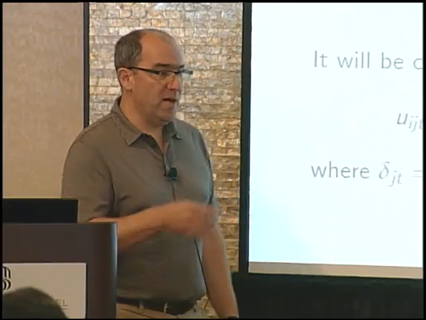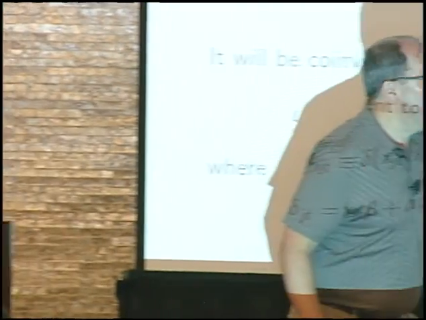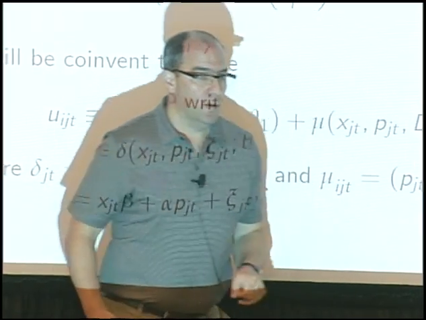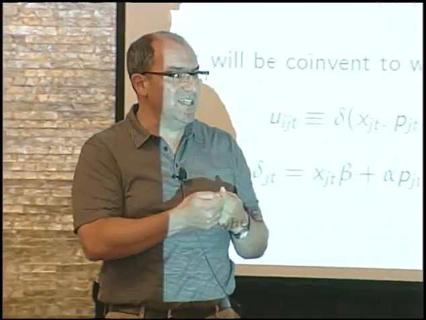Now going back, Dennis, to the question that you asked Ariel, are there other ways of generating correlation? Remember the problem that we have with a simple Logit model. What does a simple Logit model do? It sets this part to 0, and assumes this is IID. Also extreme value, but the key thing is that it's IID.